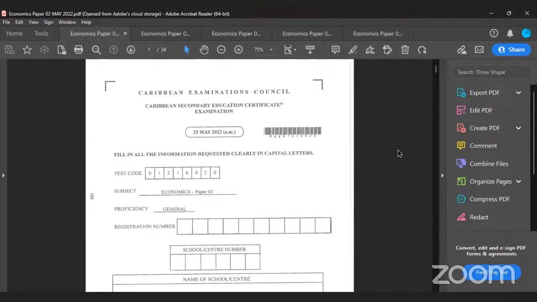With regard to how I generally advise persons to study, I should probably start off with the introduction. So I'm Dalkeith Thomas. I did CSEC quite a few years ago now, come to think of it, I'm feeling old.